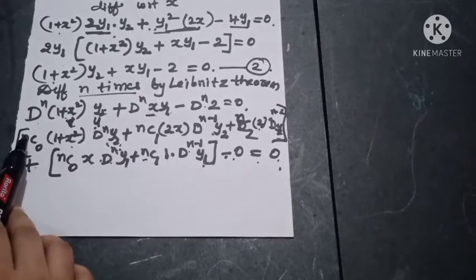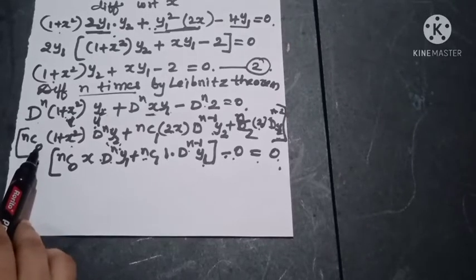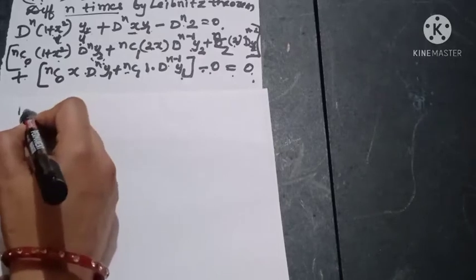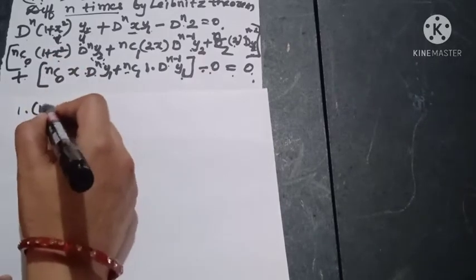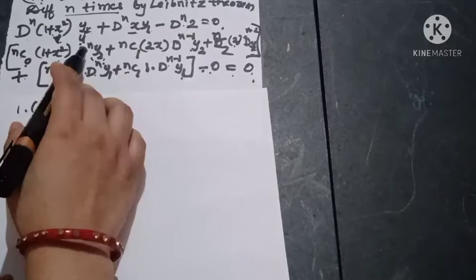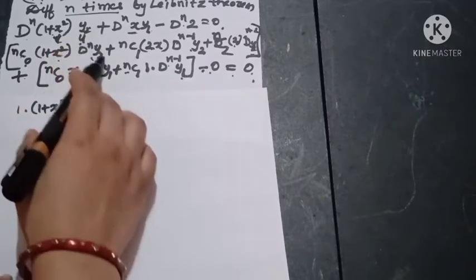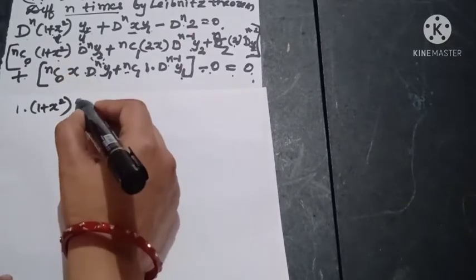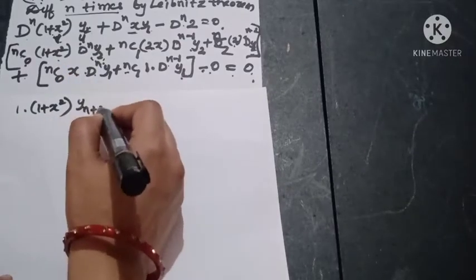So first what we will do is, nC0 value is 1 itself. What is nC0? It is 1. 1 into 1 plus x square as it is. Differentiation n times of y2 is, just add these two, n and 2. So that is y n plus 2.